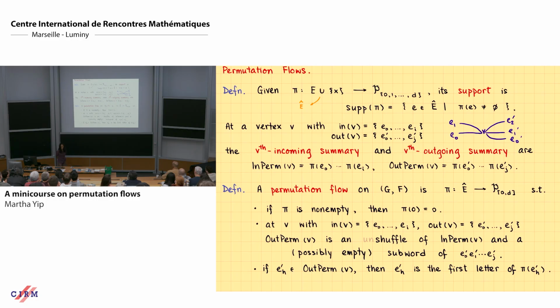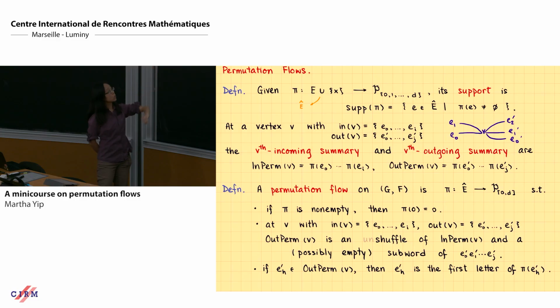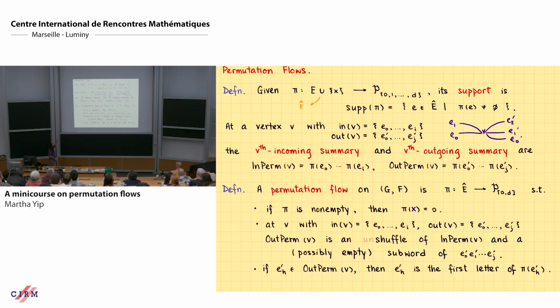So a permutation flow is then one of these functions, assigning words to the edges that satisfy these conditions. That incoming half edge will always be assigned the value 0, the letter 0.